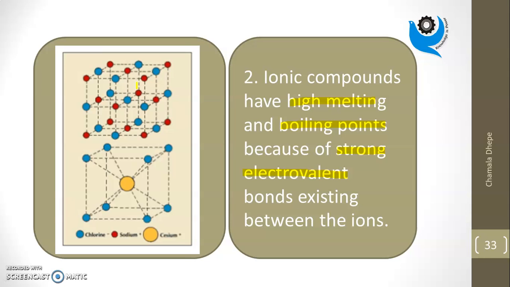But when a certain temperature is reached, it melts. So always remember, ionic compounds have a high melting point and high boiling point because a strong bond, the electrovalent bond, exists between the ions. This is the second property: ionic compounds have high melting point and high boiling point.